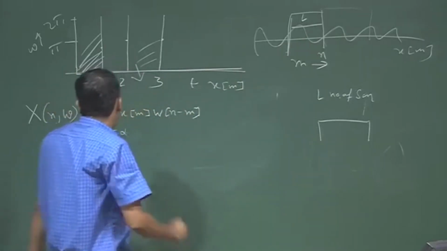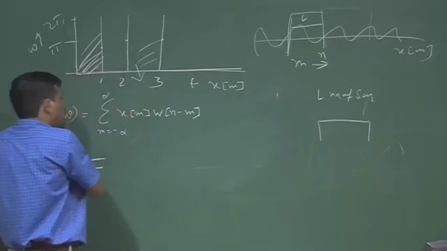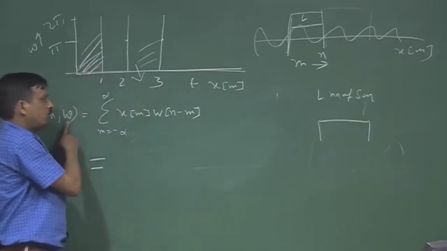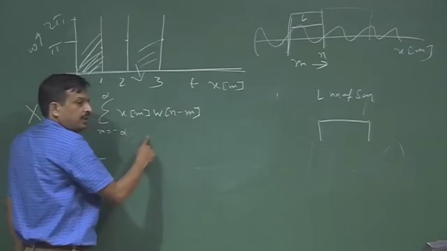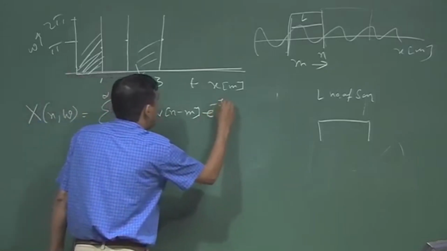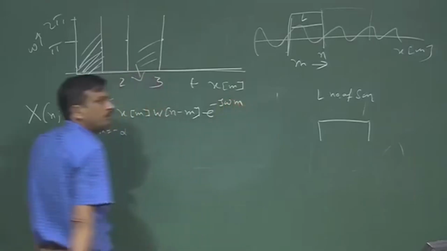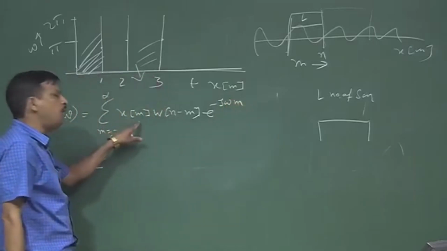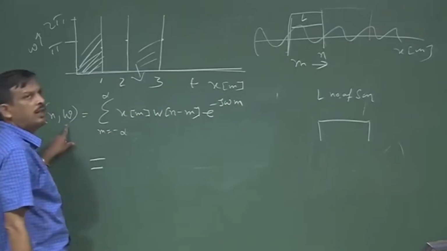So what is this? This is in the frequency domain, and it is continuous. I can call this a transform, with e to the power minus j omega m. In the time domain it is discrete, and in the frequency domain it is continuous.